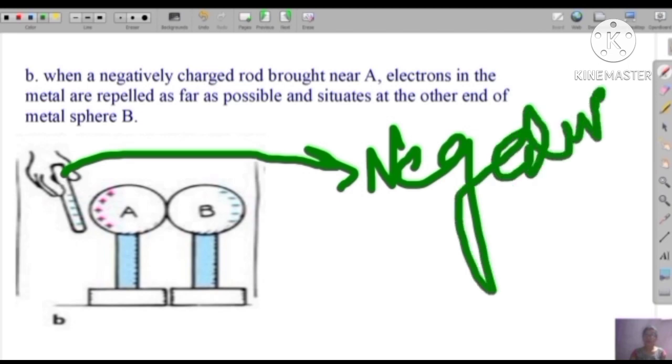Is it clear? We are bringing this negatively charged body near the metallic sphere A.